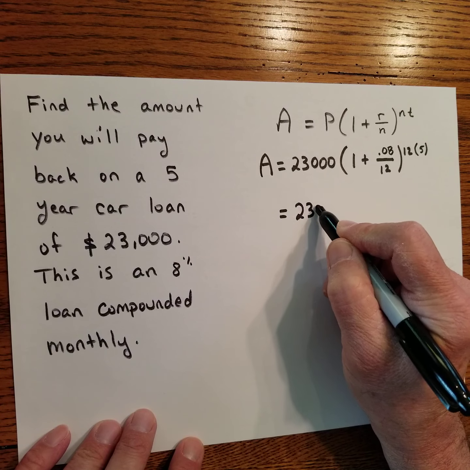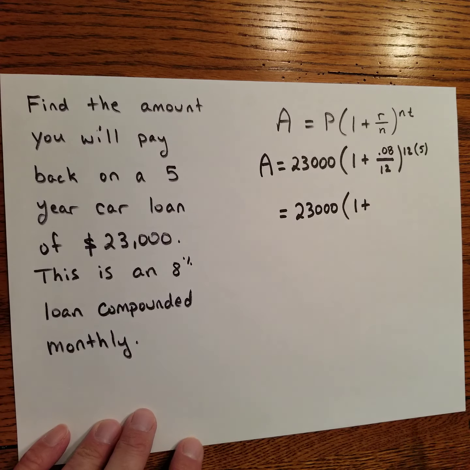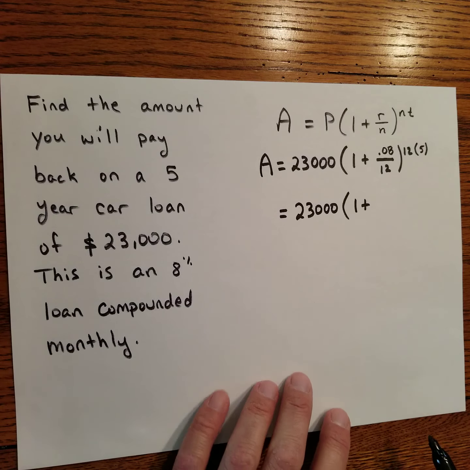Let's copy the 23,000. Copy 1 plus. 0.08 divided by 12 is 0.006 repeating. Leave that whole thing on your calculator. 12 times 5, that's 60.